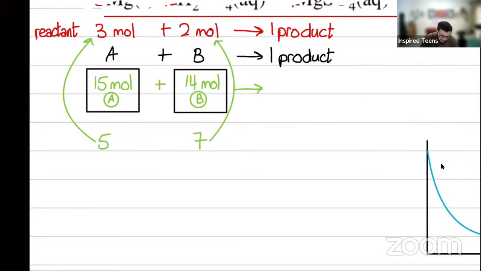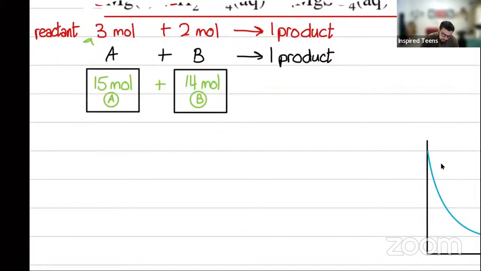So we can form 5 reactant A's, but 7 reactant B's. Because of this, not all 14 moles of reactant B will be used up.